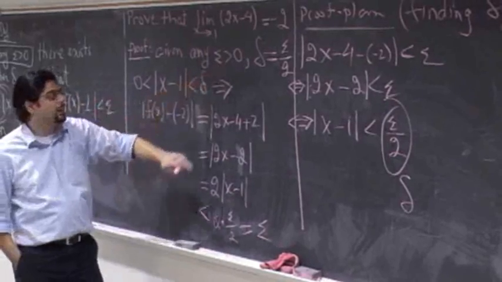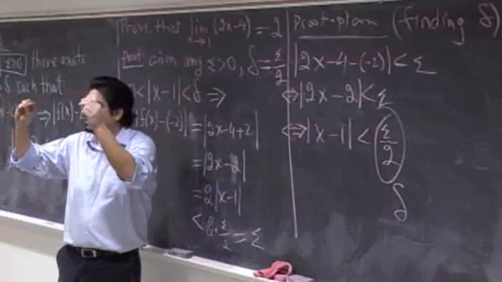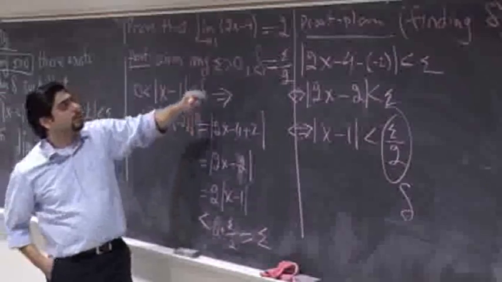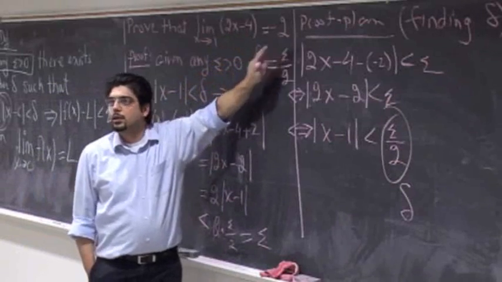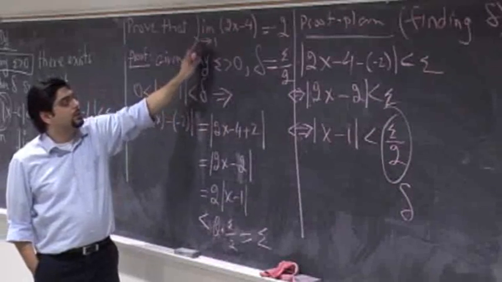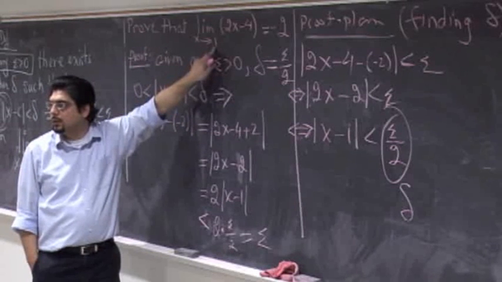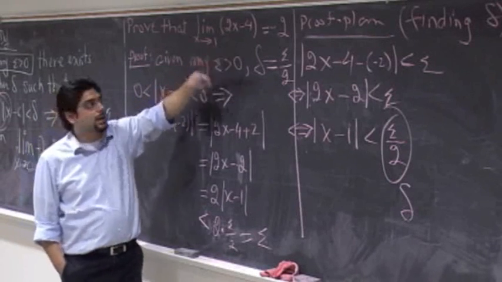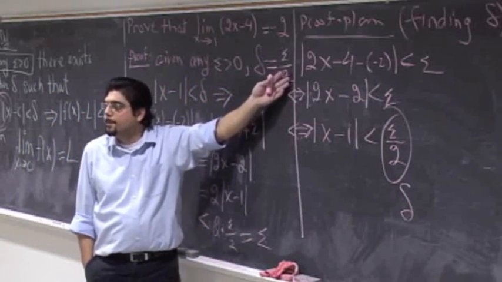What is the meaning of that? That means epsilon, remember, is the distance from the function to the limit, right? So if I want this quantity to be within 1 unit of this, then x has to be within half a unit of 1. Okay? And I can do that for any epsilon. Does that make sense?